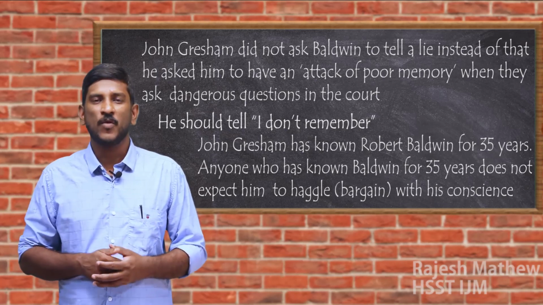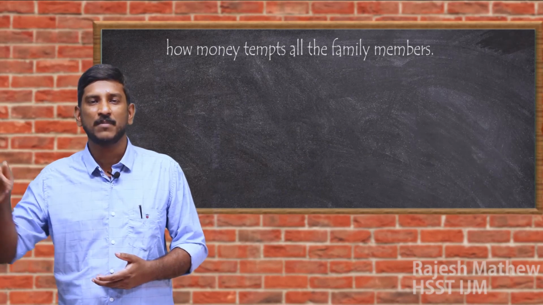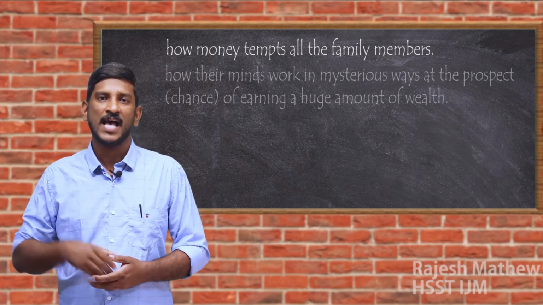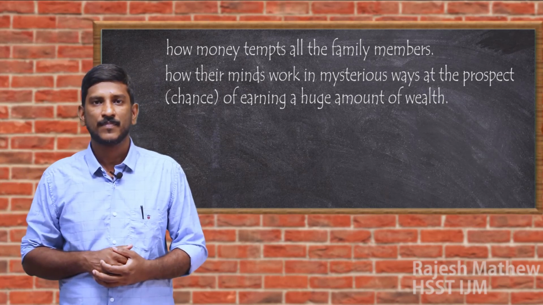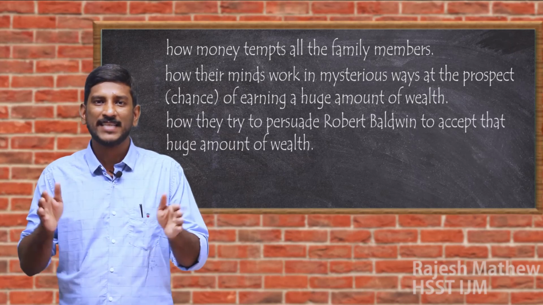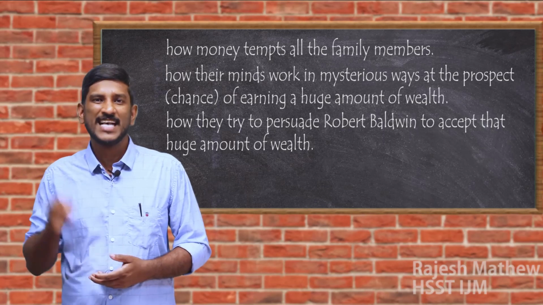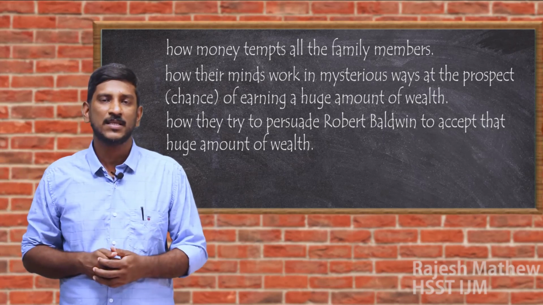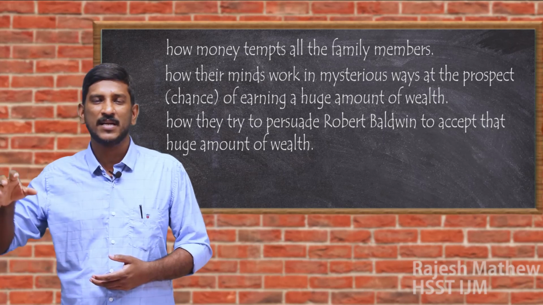In the next session, we will discuss how money tempts all the family members, how their minds work in mysterious ways at the prospect of earning a huge amount of wealth, and how they try to persuade Robert Baldwin to accept it, as Robert Baldwin has been earning a meager income of $60 a week and his son John earns only $30 a week.